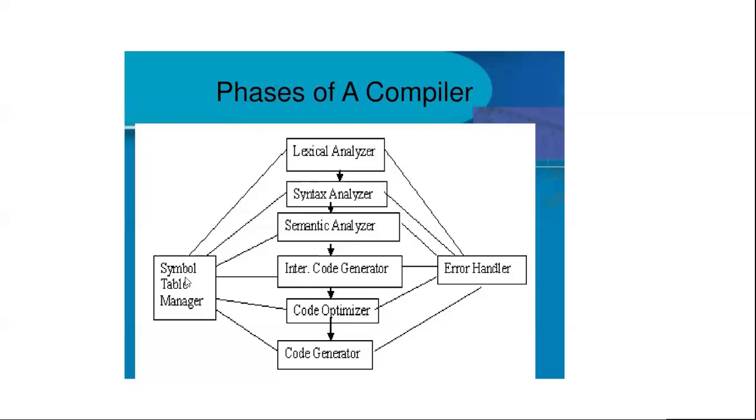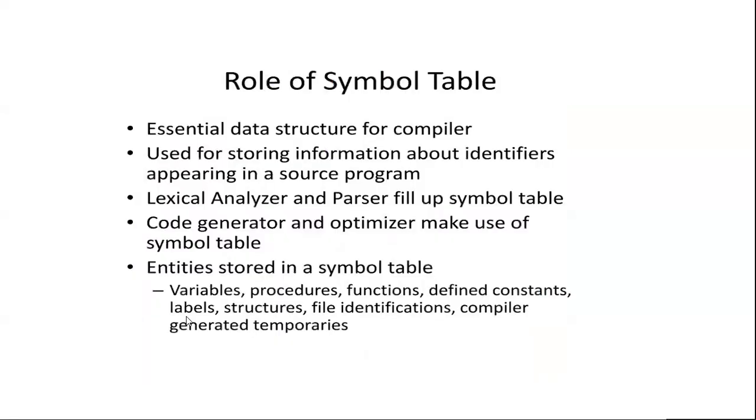Because in this symbol table they are storing variables, functions, procedures, whatever things are used in a program. Those contents are stored in the symbol table, and it has a special role. The compiler has this symbol table as a special data structure.